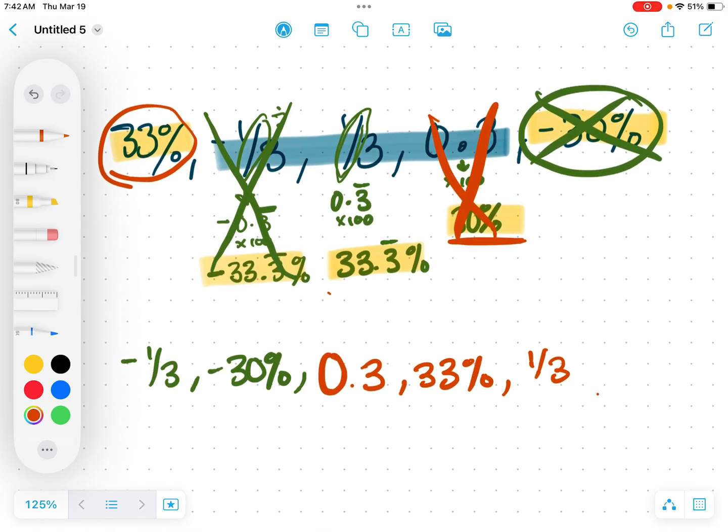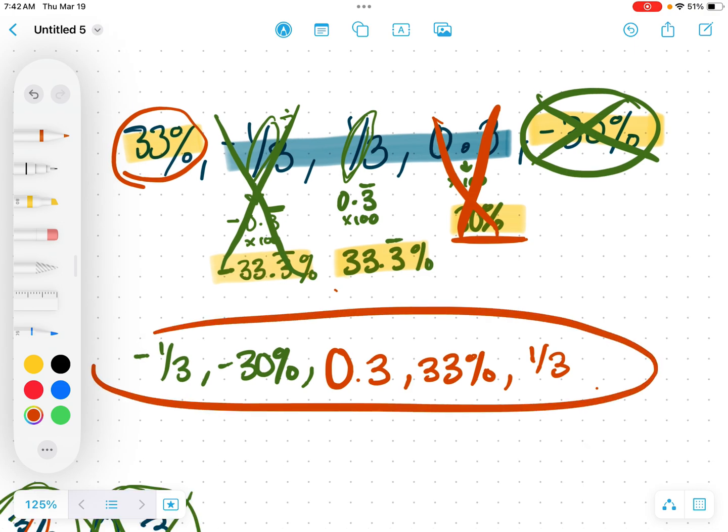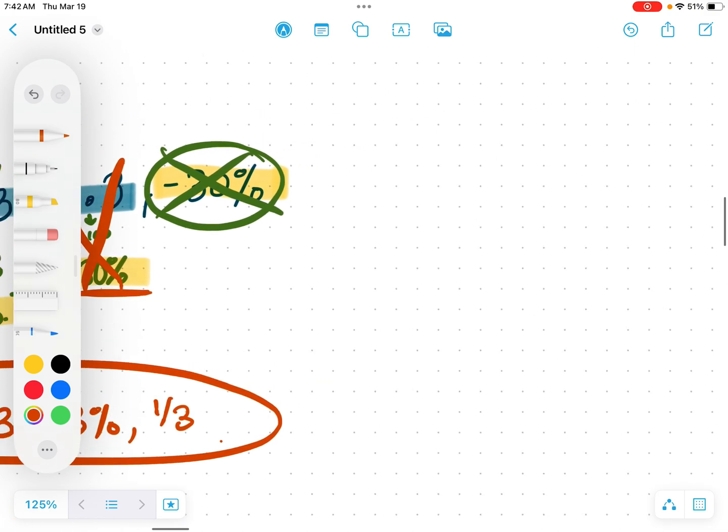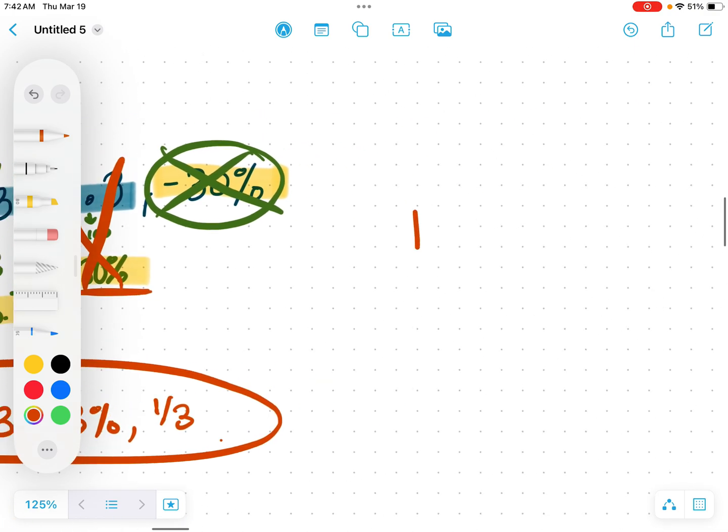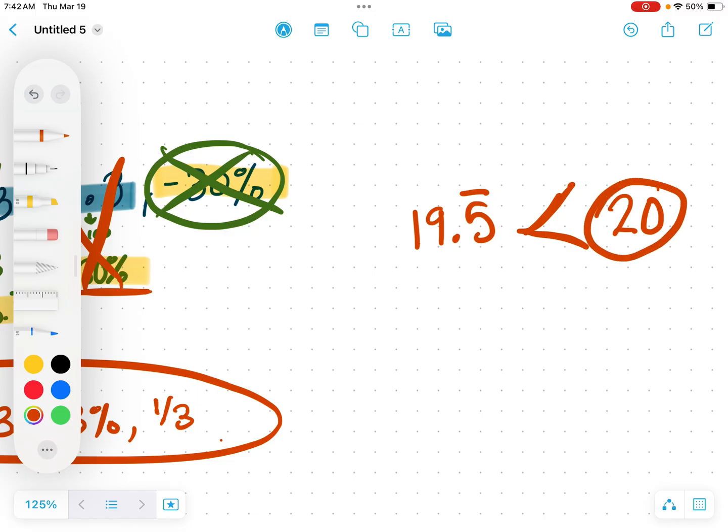Okay, that repeating decimal is bigger, but only when they're the same number. Say you had 19.5 repeating versus 20. This one is not going to be bigger just because it has a repeating decimal. 20 is bigger than 19. It's only bigger if it's the same number.